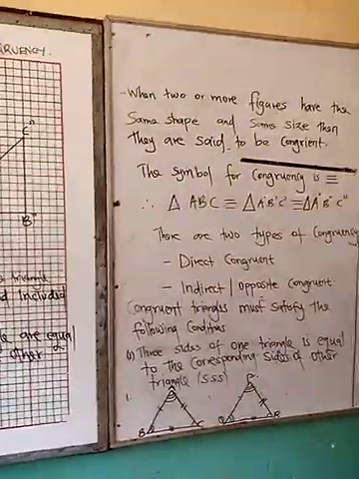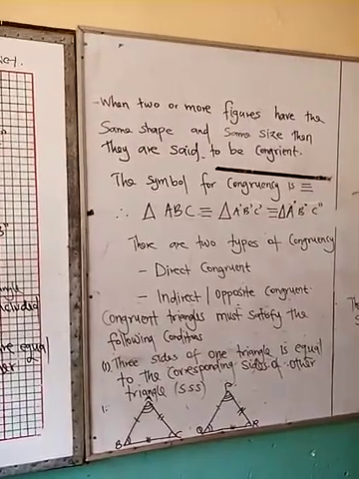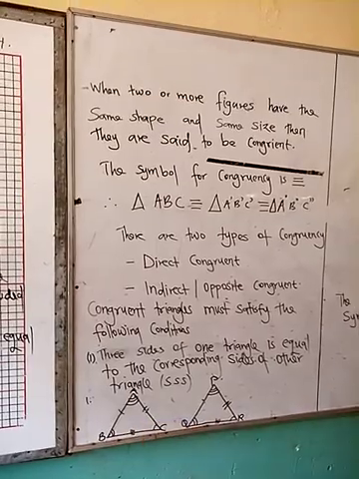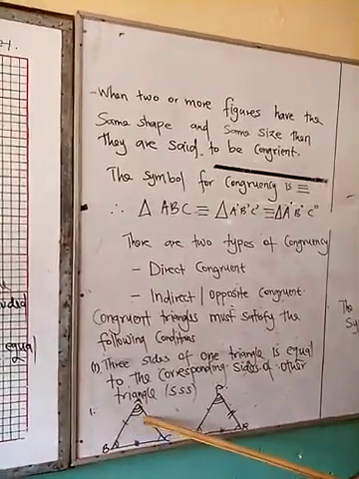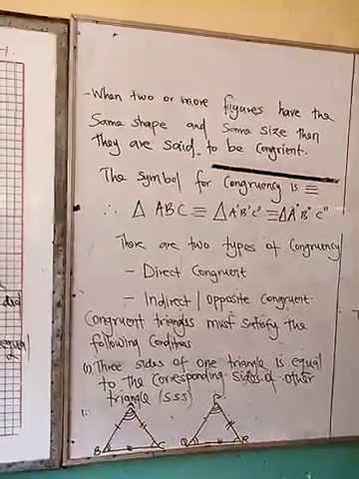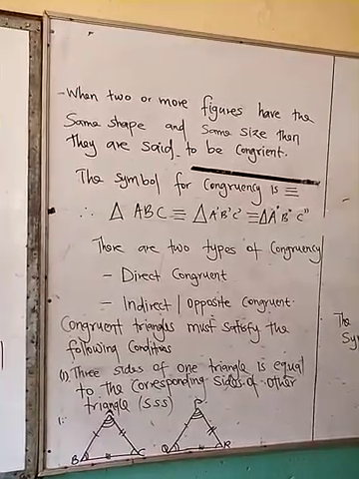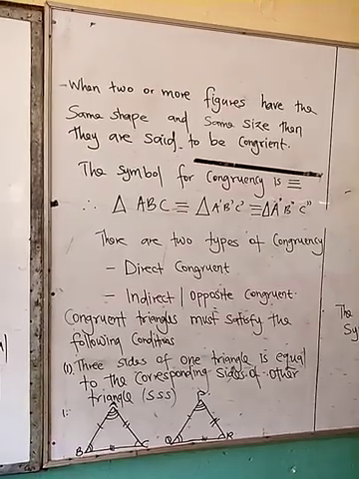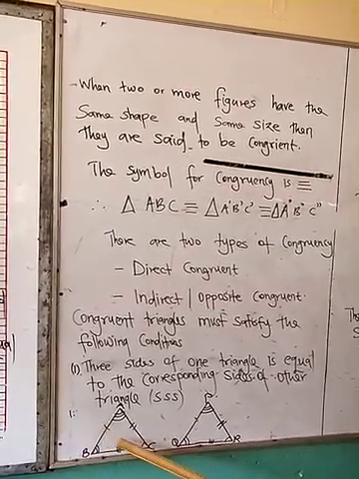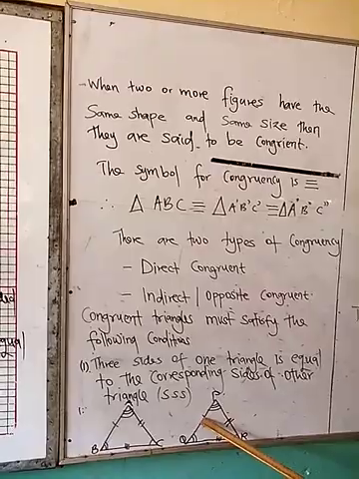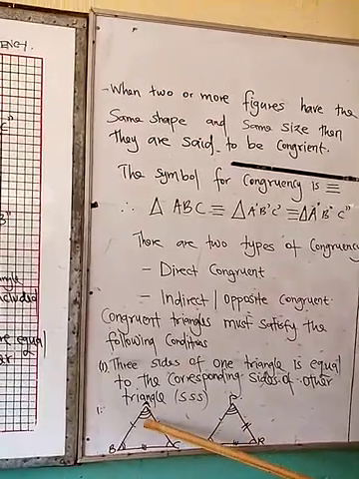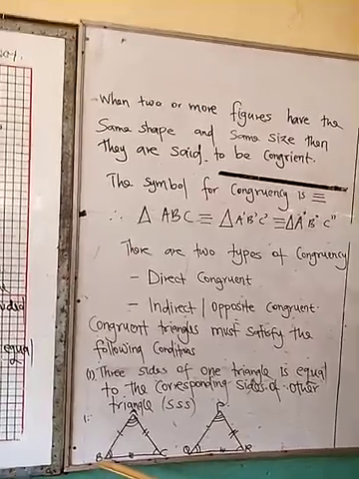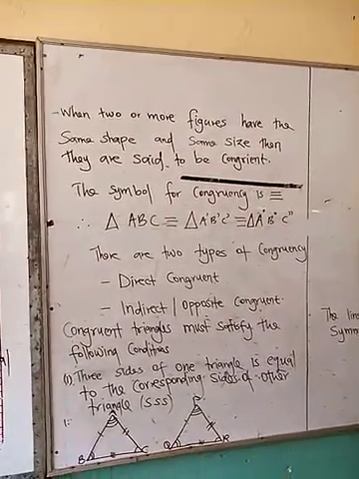When two sides are already equal and the angle between them is equal, then we can conclude that the third side must also be equal. Because when this side is equal to this side, and this side is equal to this side, and this angle is equal to this angle, then the lines BC and PQ must be equal.